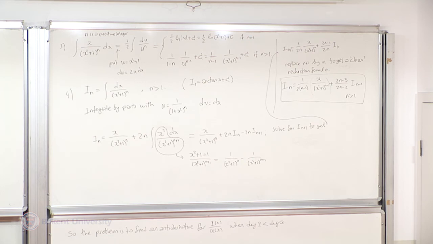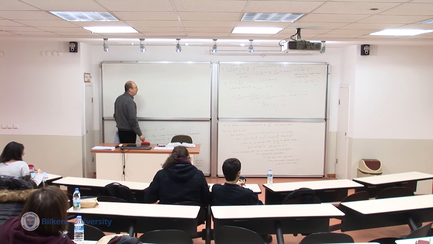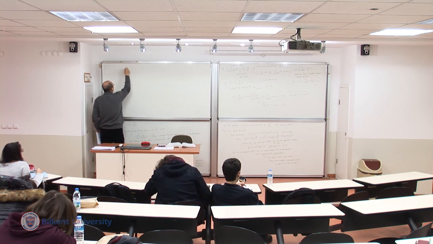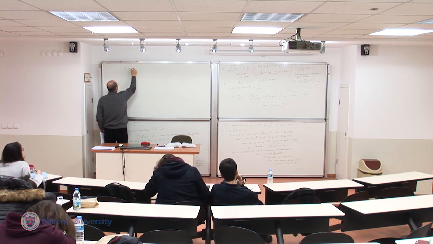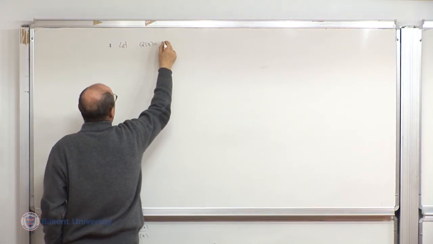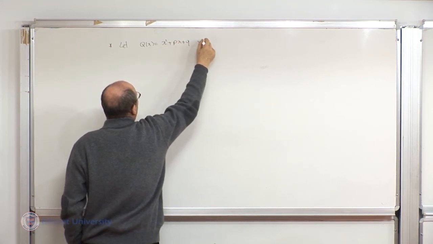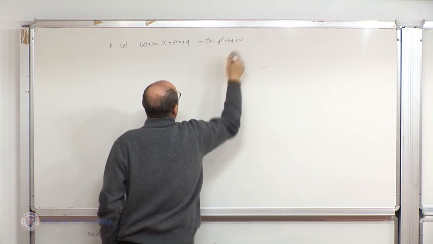We can do a substitution to make it look like that, but that's the usual thing that is known even from the time of the Babylonians. So let Q of x equal x squared plus px plus q with p squared minus 4q negative.